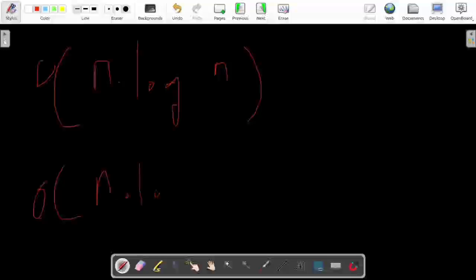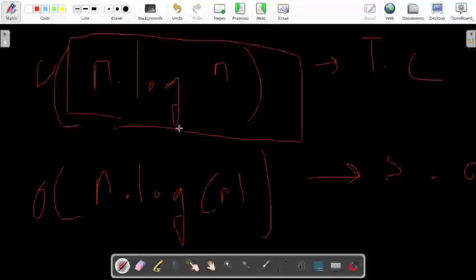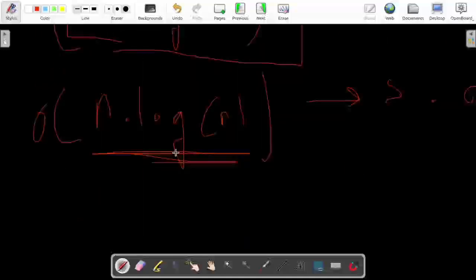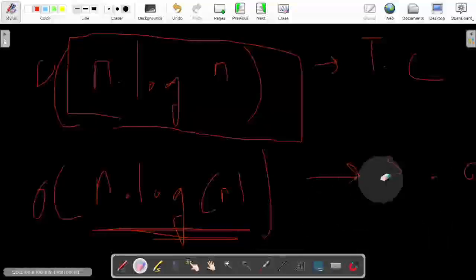That's why space complexity is also n times log n. This is our time complexity and this is our space complexity. They are the same because since you are calculating the answer for this many elements, you are storing this many elements in your memory. You are creating a matrix of this size, and your space complexity is also this.